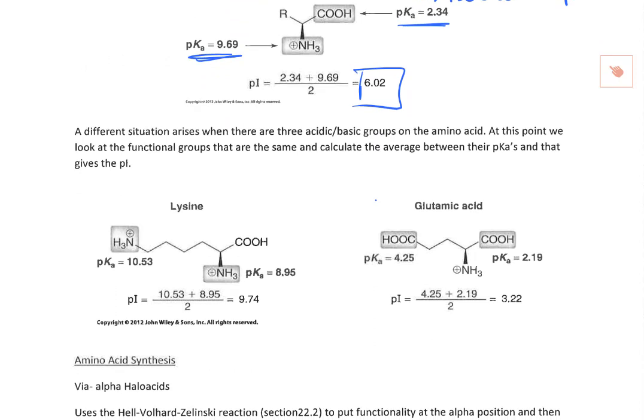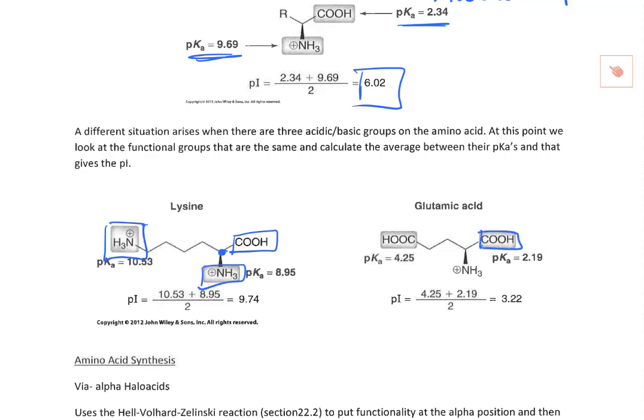Whereas if we have an amino acid that has a side chain, then it takes a little bit more effort. When we consider something like lysine, lysine has a basic side chain. So notice how here's your carboxylic acid, here's your amino group, here's your alpha carbon, and here's your basic side chain. And glutamic acid has an acidic side chain.